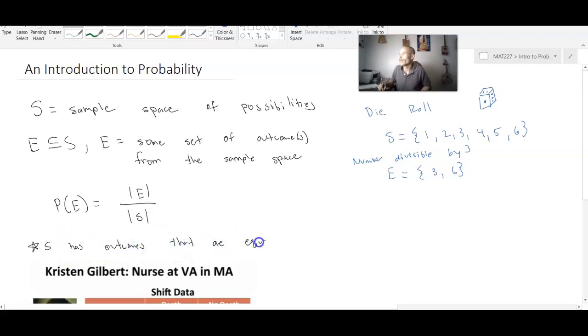So when we roll a die, we assume that a 6 will pop up an equal percentage of the time as a 5 or a 4. Basically, 1/6 of the time you'll get a 1, 1/6 of the time you'll get a 2, 1/6 of the time you'll get a 3, and so on.